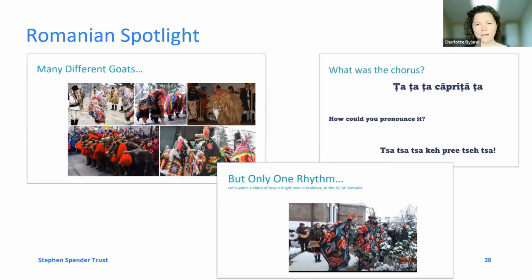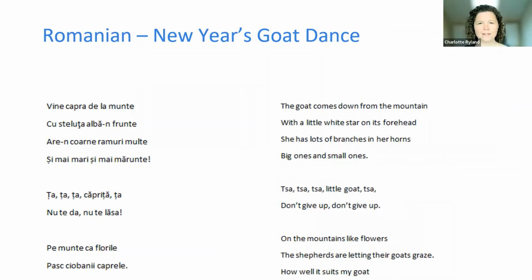Here's some about the chorus, ta ta ta, kapri ta ta, and I probably pronounced that incorrectly, sorry Marina. After that introduction, they then do some work on the text, and here you just have the original and literal translation, which they can play with and develop.